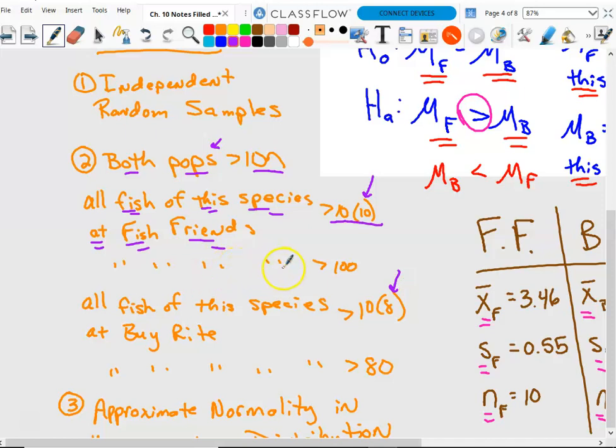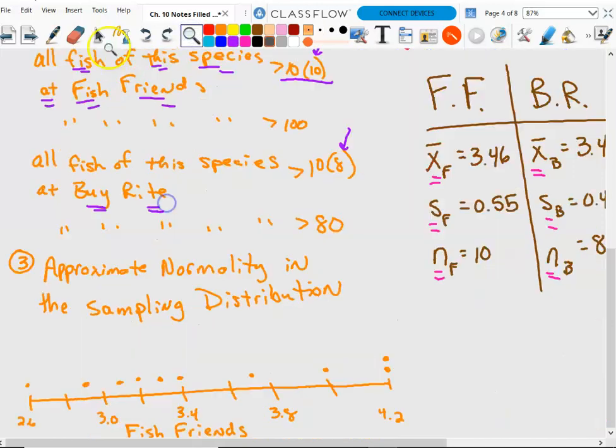All fish at Fish Friends is more than 100. All fish at Buy Rite is more than 10 times 8. So I am assuming, which they did not give me any information about, I am assuming it's more than 80. If it wasn't, then the rest of my math makes no sense. So, again, we call these assumptions for a reason.